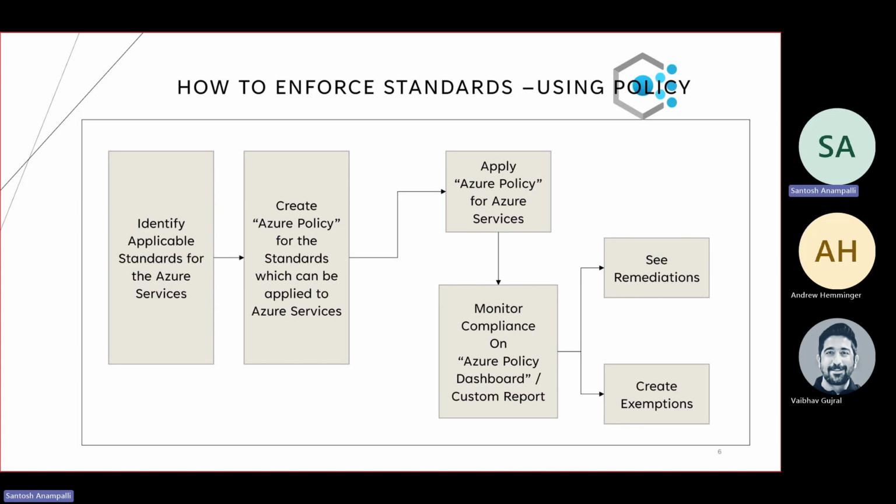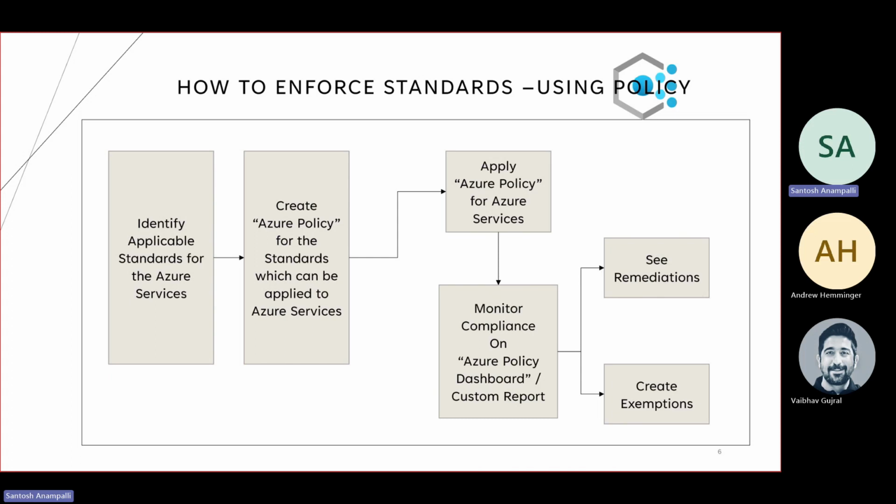And once you identify the list of policies that you think will be a right fit for your organization, then you create the policies for those standards. So how do you create a policy? There are multiple ways of doing it. You could create a policy in the Azure portal, using PowerShell, or even using policy as code.